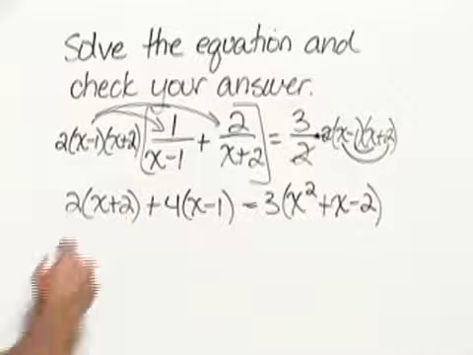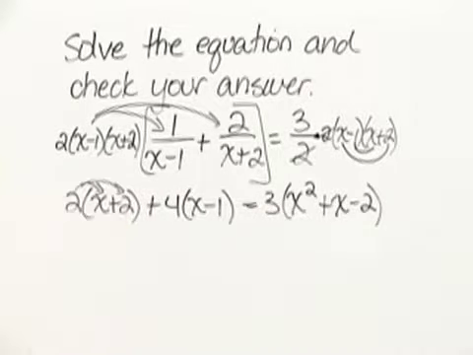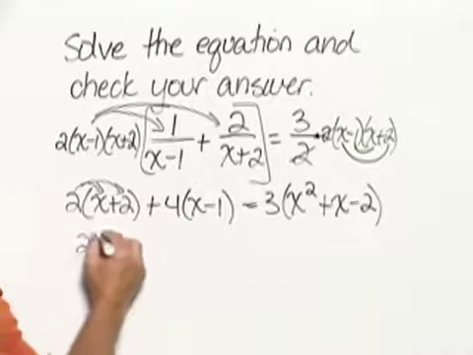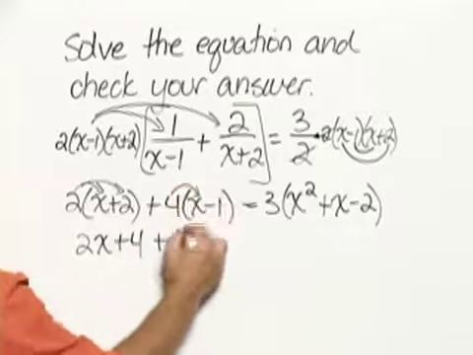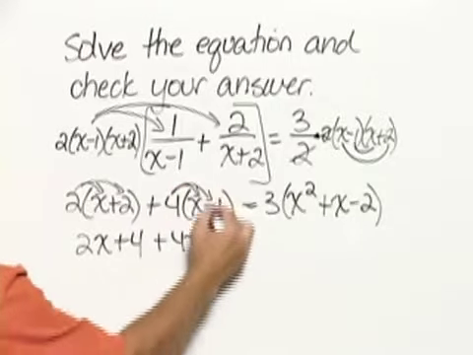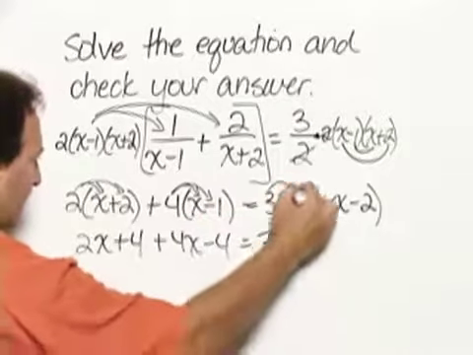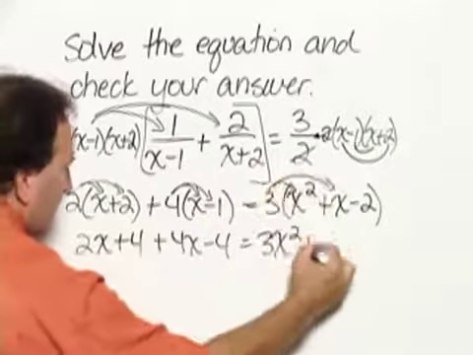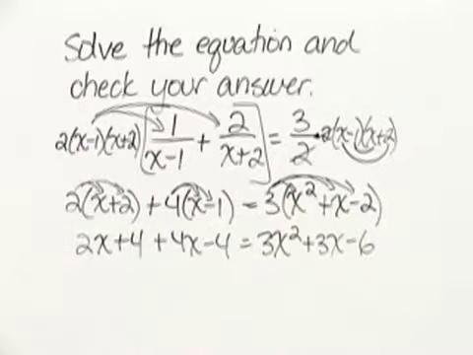Now, in each of these cases, we need to distribute the number out in front of the parentheses. So we have 2x plus 4 plus 4x minus 4. And that's equal to 3x squared plus 3x minus 6.